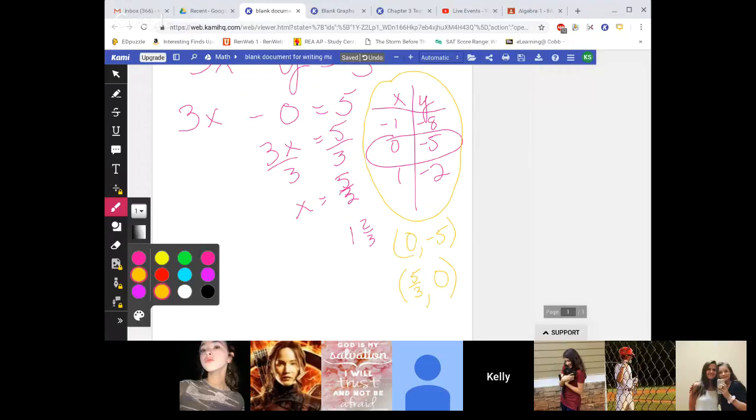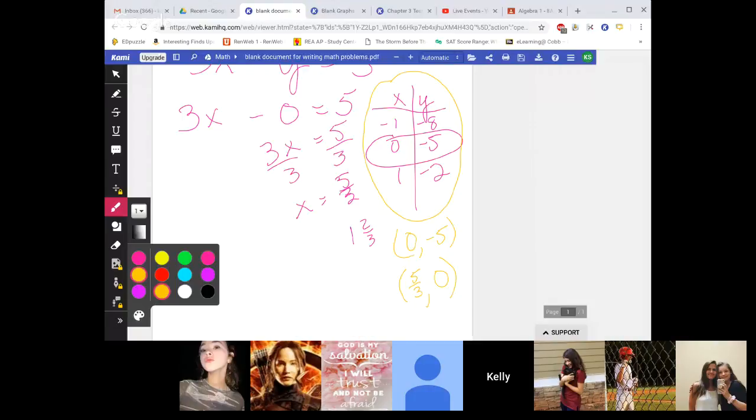You will do a table on the chapter test tomorrow, but it will be more of a function table. For graphing, what are you going to do? For graphing, in all honesty, you're going to use the x and y intercept. Okay. So you would only have to find that.